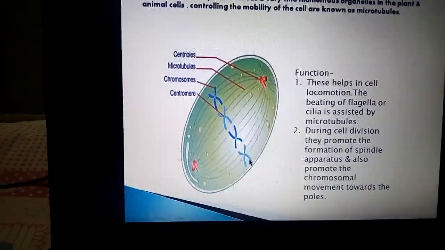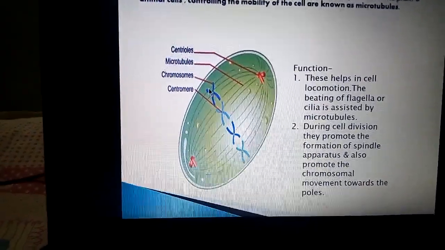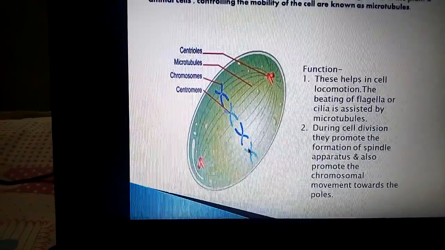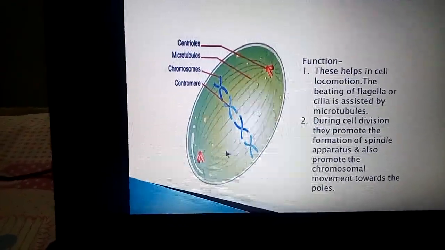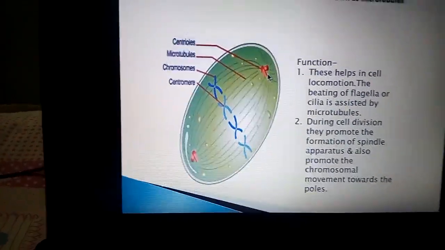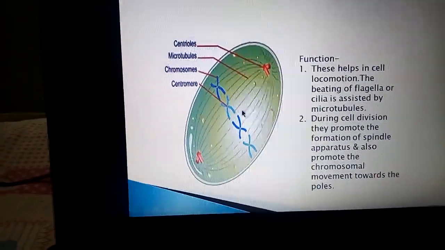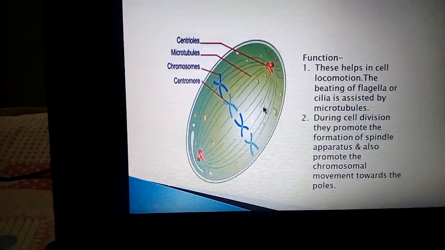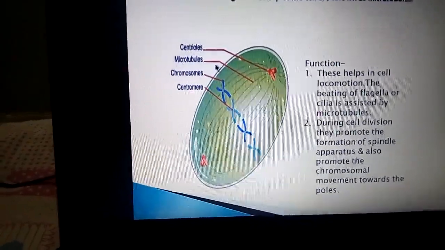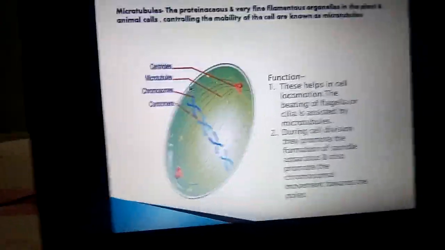If we cut the chromosome from the middle, one half moves to one pole and the other half moves to the opposite pole. This also takes place with the help of these microtubules.